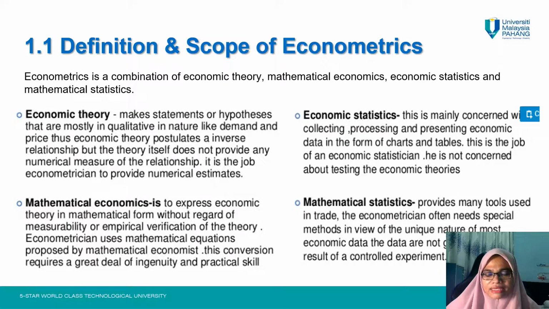And in economic statistics, we are concerned with data, which means that in this part, we collect the data, we analyze the data, and we present the economic data. And the last one, that is mathematical statistics, provides statistical tools and methods to econometricians in analyzing economic data.